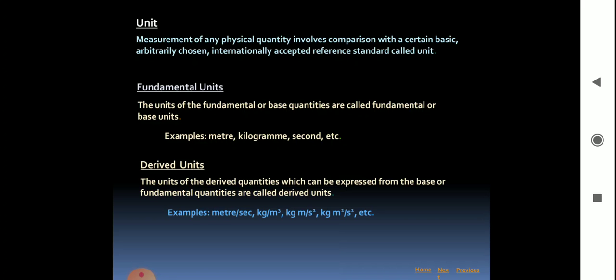Now, units are classified into two types. One is fundamental units and second one is derived units. Now fundamental units, which are also called base units. The fundamental units are those units on the basis of which all the other units are defined.